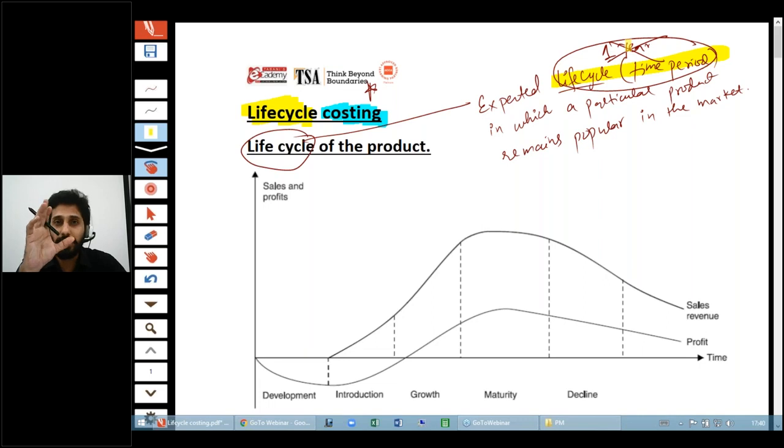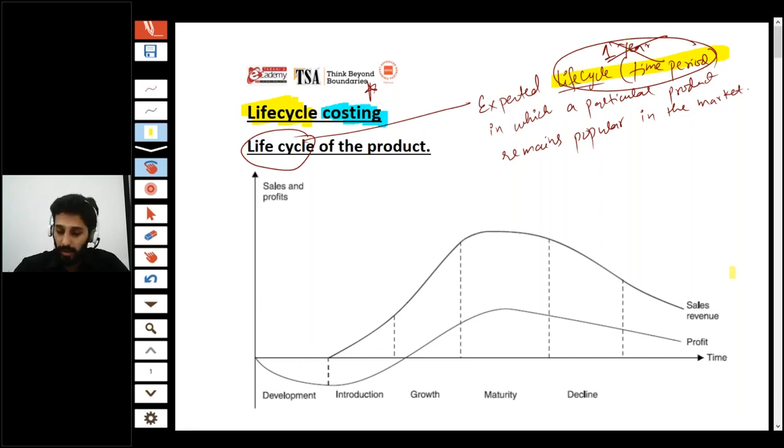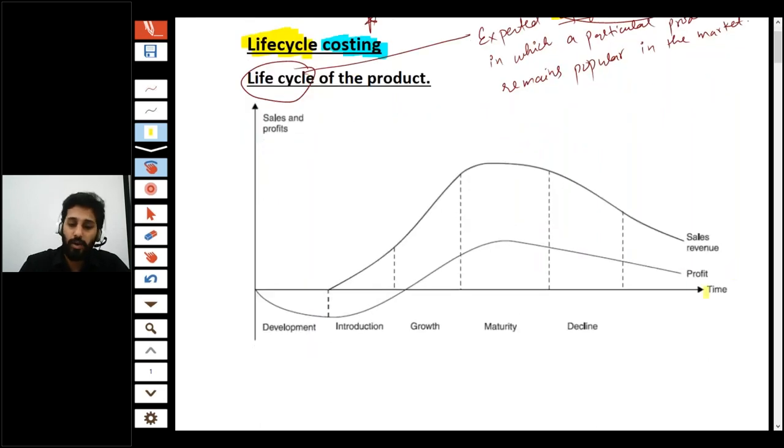Let's say when a person is born, it is in childhood, then it gets mature, further mature, then becomes old, and ultimately goes to the grave. So these are the expected life cycle of the product, not the actual. See that horizontally there is a placement of time, and there are sales and profits. Here, these are the sales revenue, and obviously there's a difference of cost, and these are the profits.